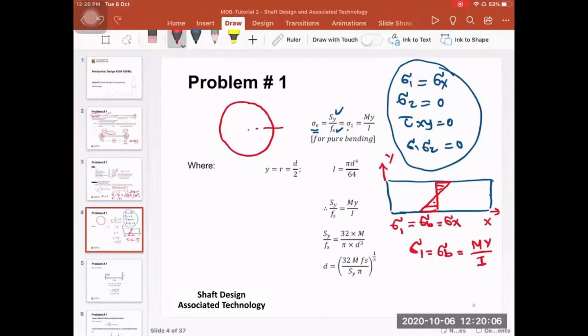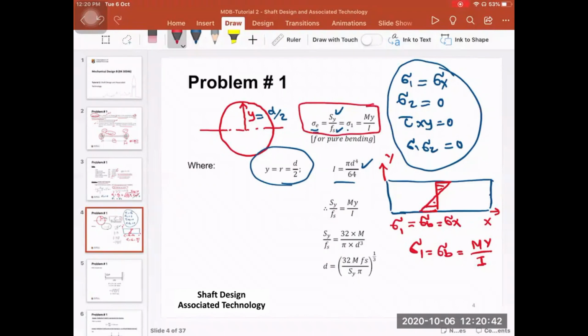If this is the neutral axis of the shaft, the distance between the neutral axis and the outer fiber here is y, where y in this case is equal to the diameter divided by 2. So this is the y value. Then the moment of area for a solid circular section is pi times the diameter to the power 4 over 64.